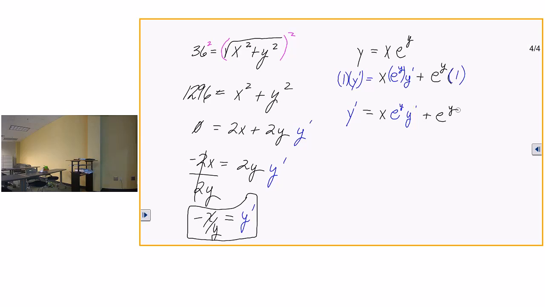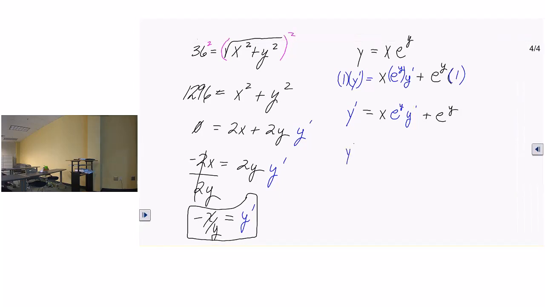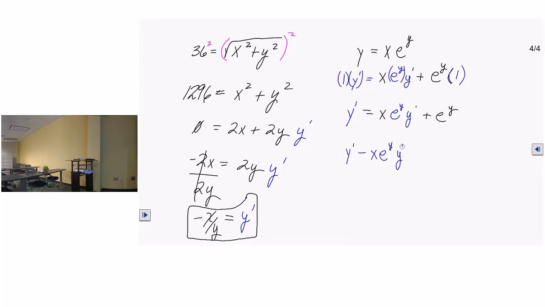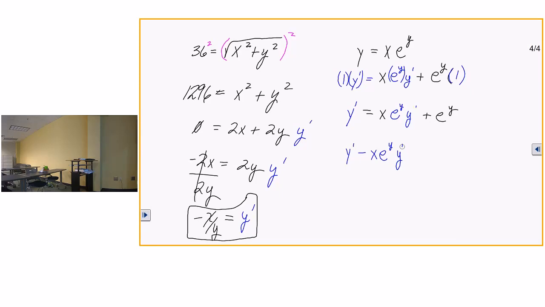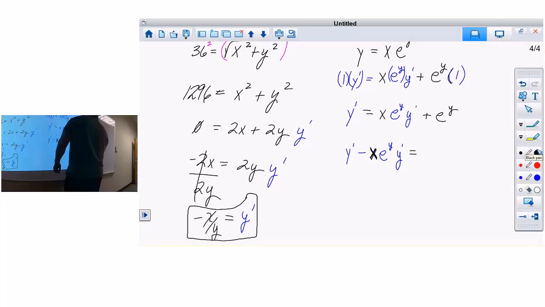So this is going to come over here. y prime minus x e to the y y prime is equal to e to the y.